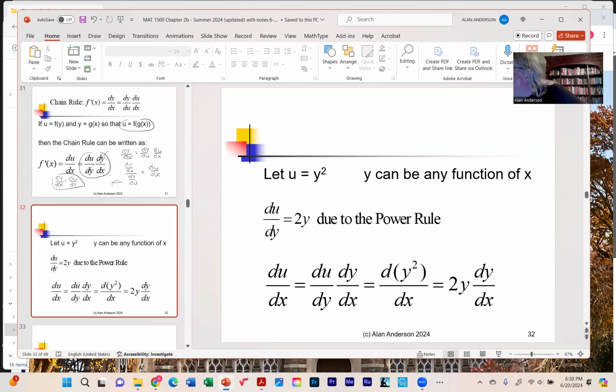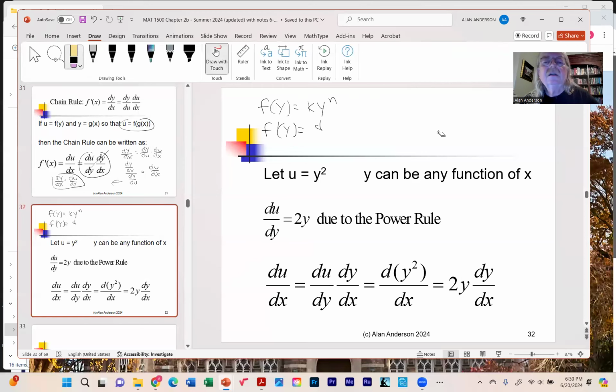If you have f of y is k y to the n, then f prime of y is going to be n k y to the n minus 1. And remember before we saw that when we have x squared, its derivative is 2x because of the power rule. For the same reasoning, here we're going to have 2y. du/dy is therefore 2y.